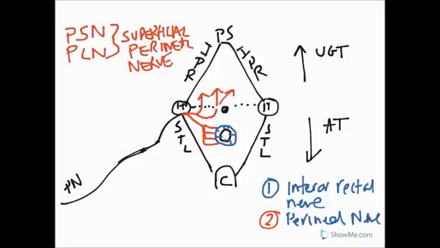So we've got superficial and we have got a deep branch, but all belonging to the perineal nerve in there, or the perineal branch, I should say. So the last branch of the pudendal nerve down here is going to be the dorsal nerve.